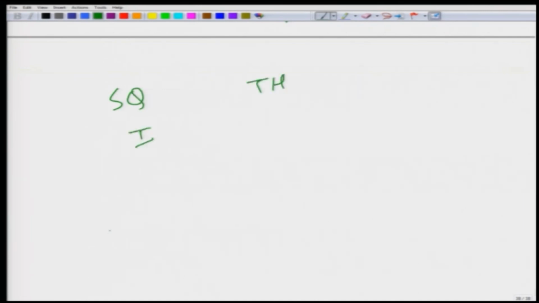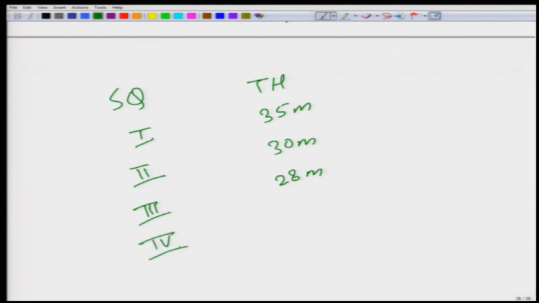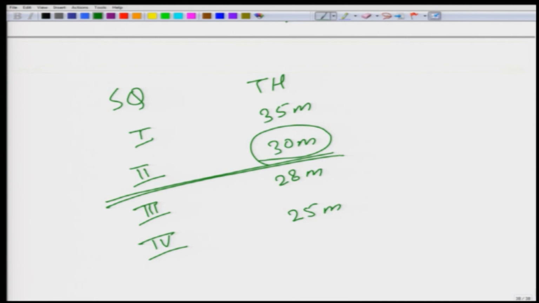For site quality 1, the highest it goes is, say, 35 meters. Site quality 2, you reach 30 meters. Site quality 3, you reach, say, 28 meters. Site quality 4, you are only able to reach 25 meters. Now, you go to a site and measure the top height, and you find that it is 30 meters. Then you can say that this site belongs to site quality 2.